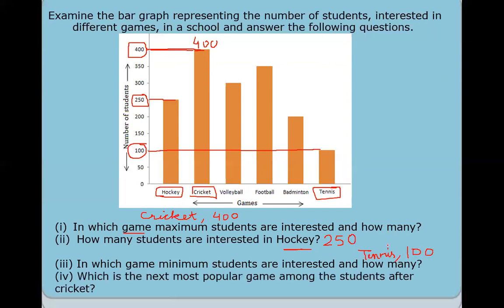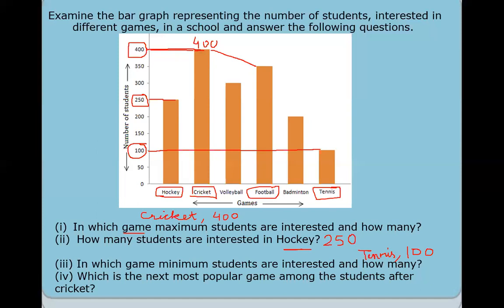The next question is: which is the next most popular game among the students after cricket? After cricket, you can see the length of the bars, and the most interested game after cricket is football. It is football. See the length. Football is the game which is the most popular after cricket.